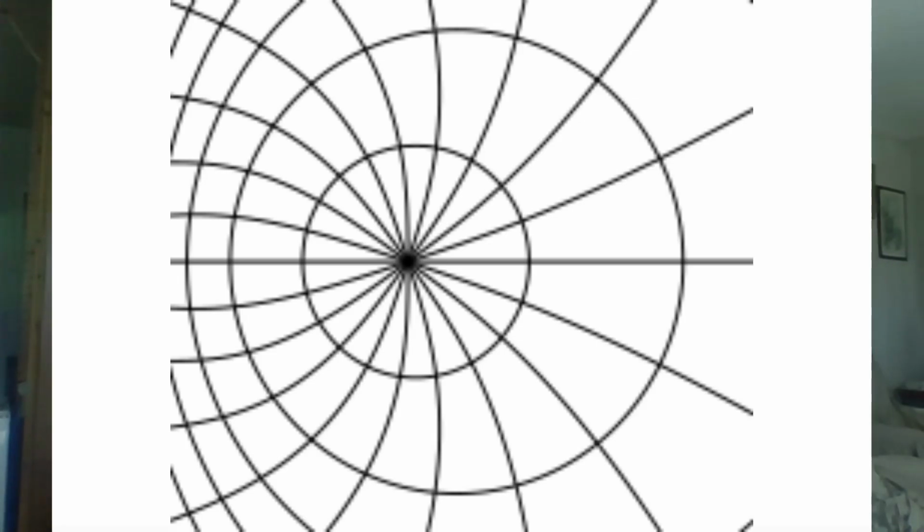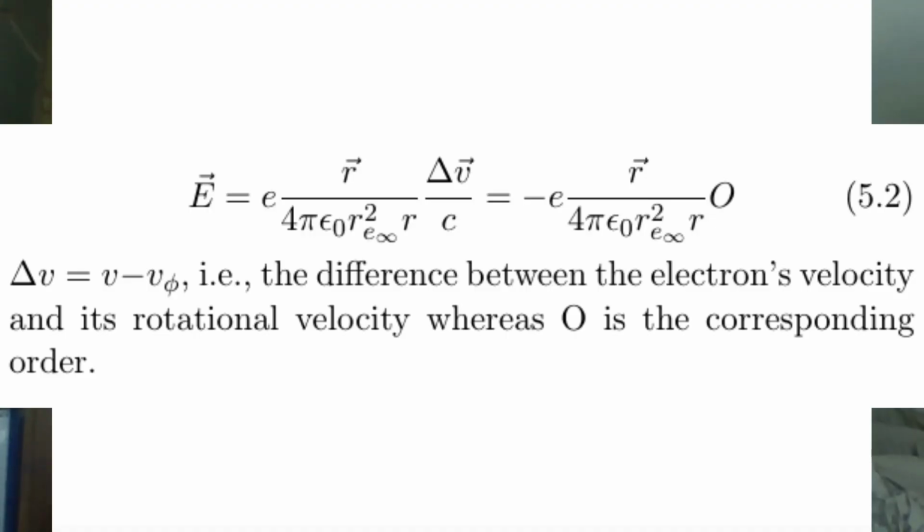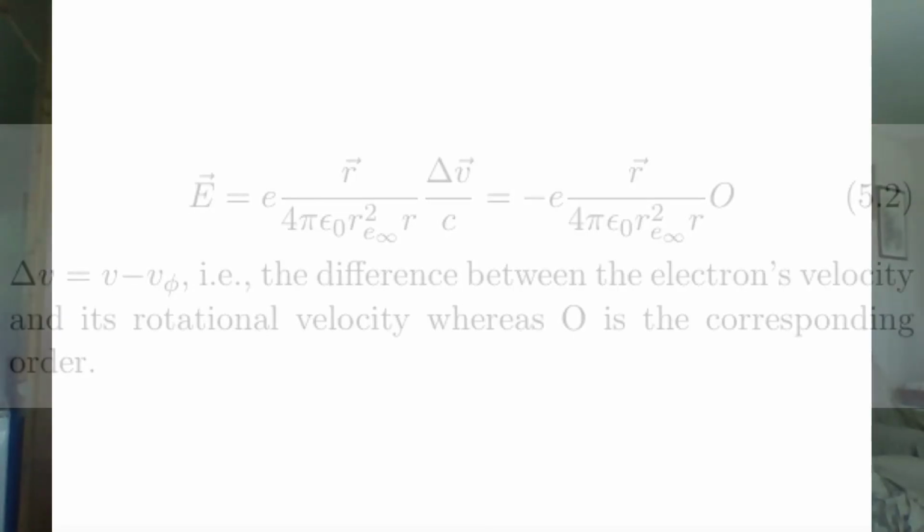And you have very similar field lines as for the electric field. In fact, if the order is exactly equal to the speed of the electron divided by c, then these field lines are exactly equal. And this is an important point.